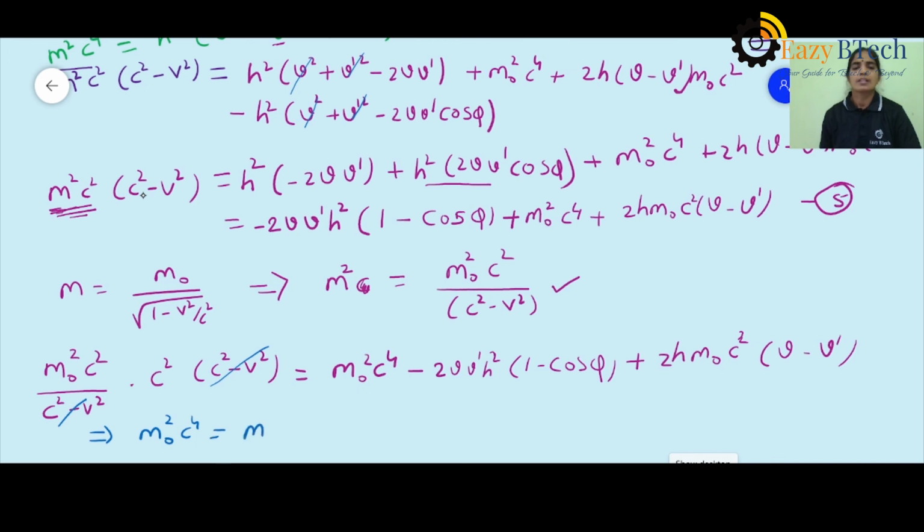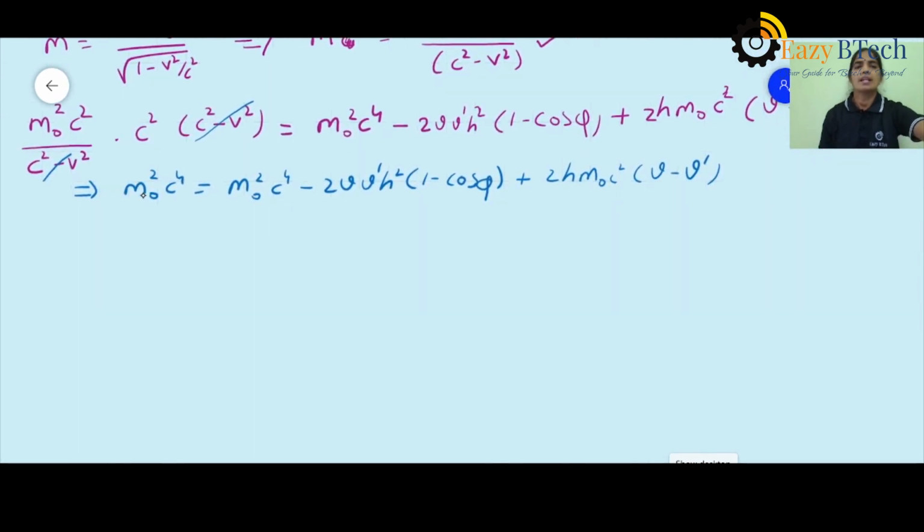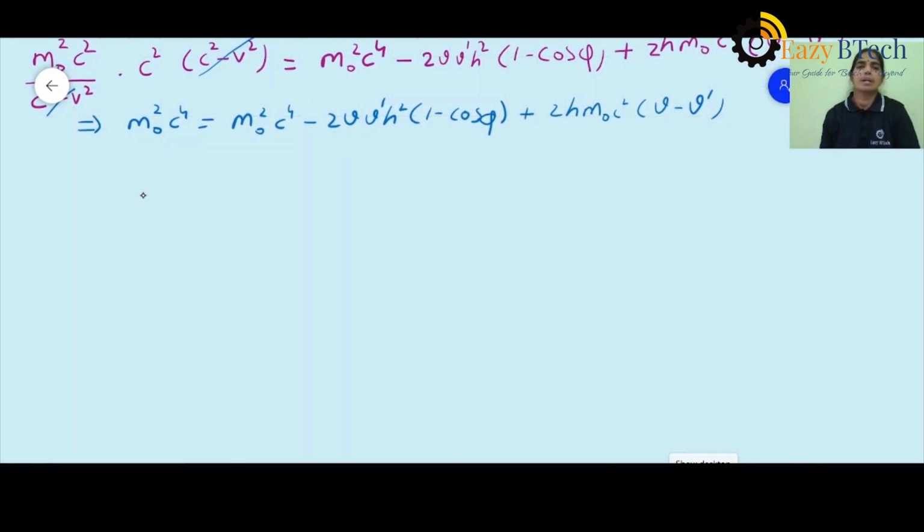On RHS, m naught square c power 4 minus 2 mu prime h square into 1 minus cos phi plus 2h m naught c square into mu minus mu prime. So I can observe that on both LHS and RHS I have m naught square c power 4. So I'll cancel this m naught square c power 4.